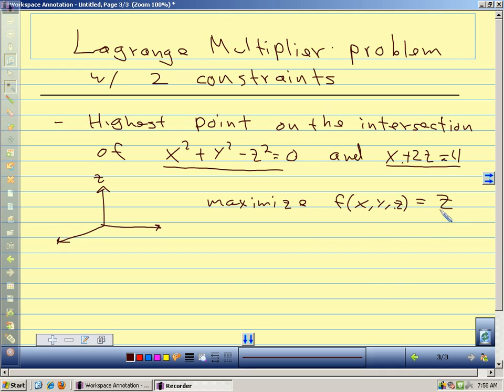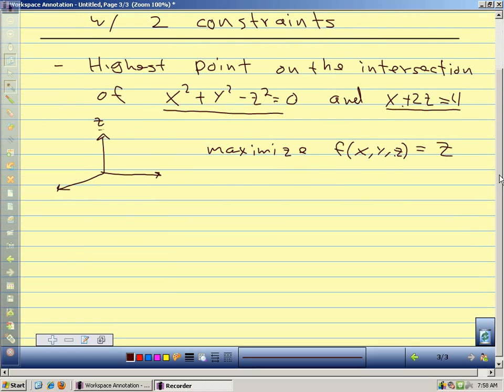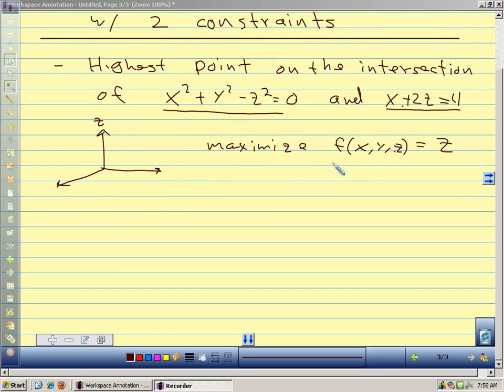We're maximizing z subject to these two constraints. So it has to be on the intersection of the cone and the plane. Those are our constraints, and this is our objective function.